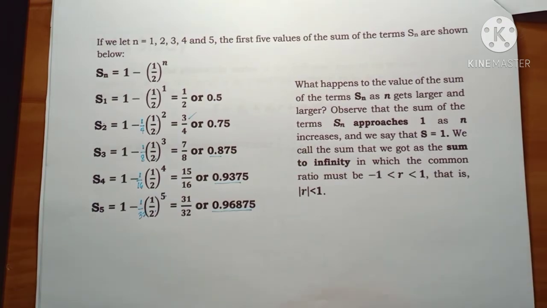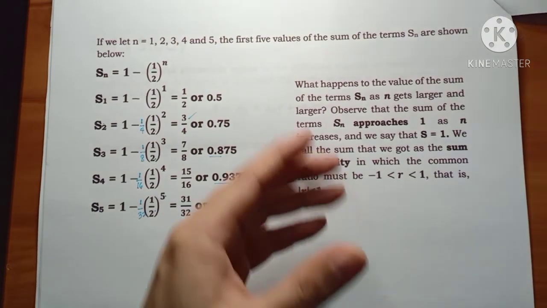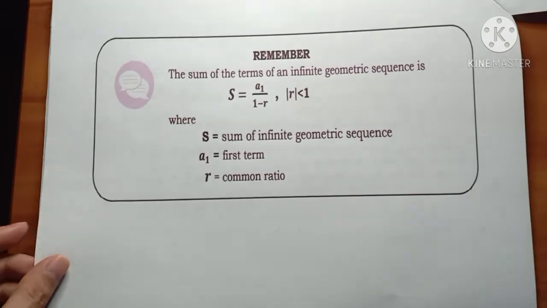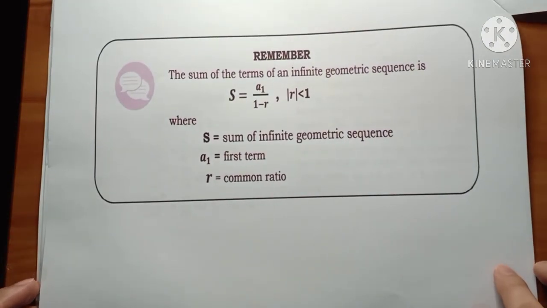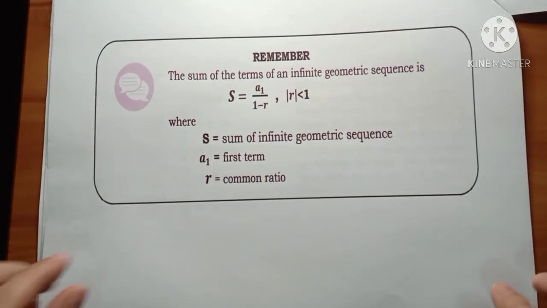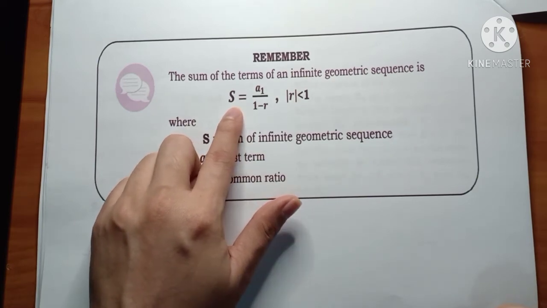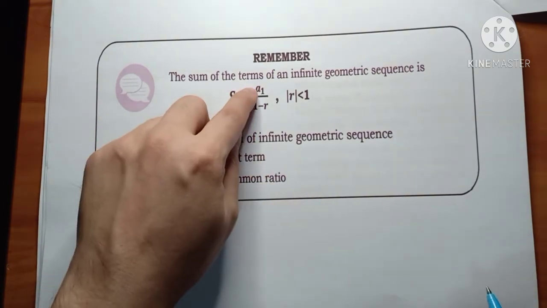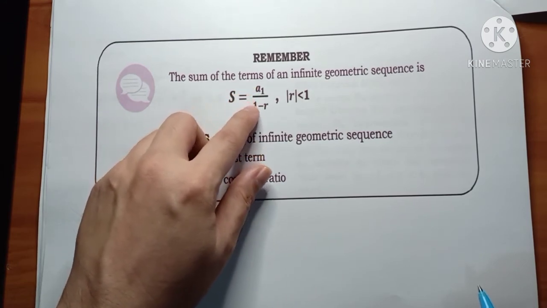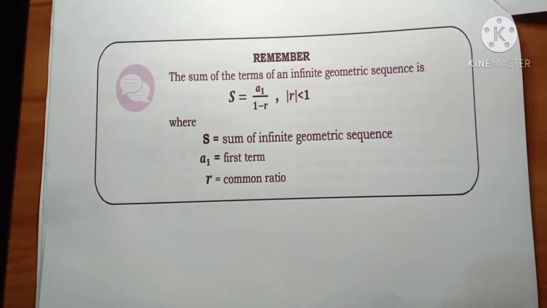So, ganun lang ibig sabihin. So, remember, the sum of the terms of an infinite geometric sequence is S, kasi wala siyang sub n, kasi hindi natin alam kung ilang terms. So, we have a sub 1 all over 1 minus r. So, yan lang ang ating formula ng ating sum of infinite geometric series.